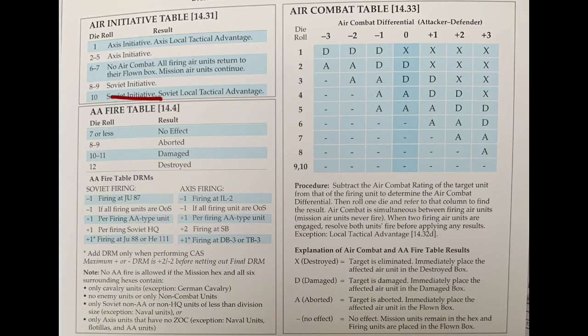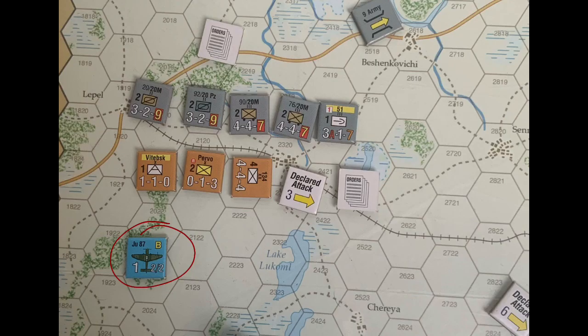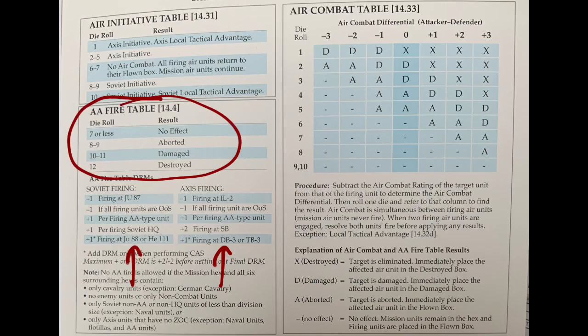So it will have to go through this anti-air fire table with the modifiers that are sitting here, and in this case it's the Soviet firing, and because this is a Junker 87, it will have a -1 modifier in this table, so that's positive for the Axis. And all these different results can take place.